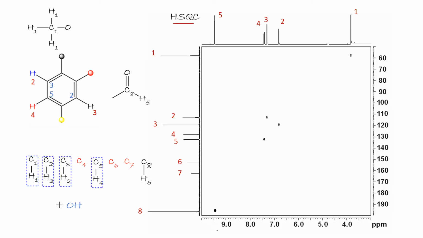From HSQC, we can get the relation between the proton and carbon, linking together carbon and hydrogen with J1.